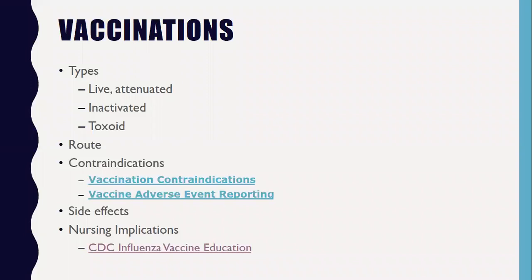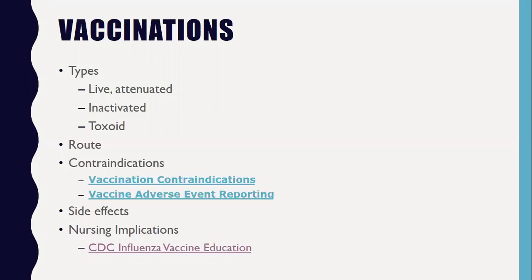Some examples of these are going to be pertussis, hepatitis A and B vaccines, the shot that we get for influenza, HPV, and this is the type that polio was.